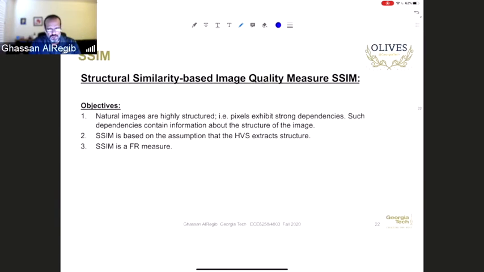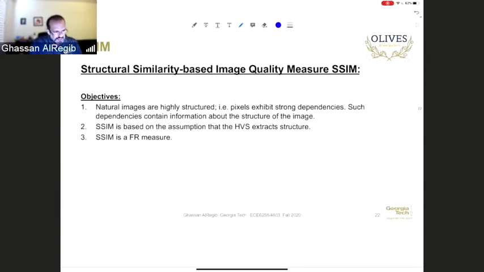And that's basically what motivated the community to come up with alternative measurements for the quality. One of the most common ones is simple in terms of calculations, but also has a higher correlation with the human vision system and the perceived quality than PSNR and MSE.